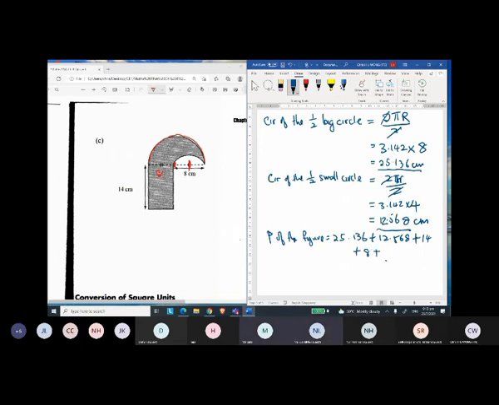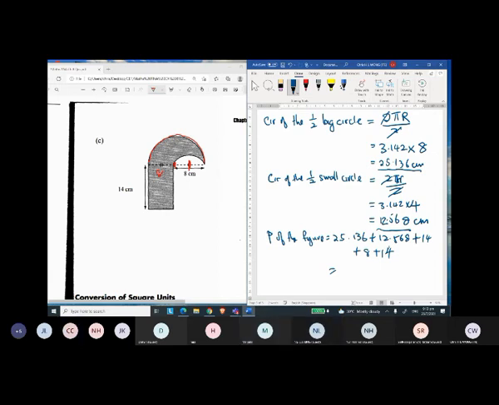Plus 14 also, because here 14 is also 14, right? Yeah, two sides 14. Correct.